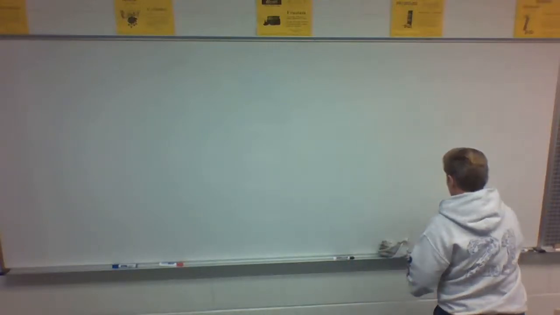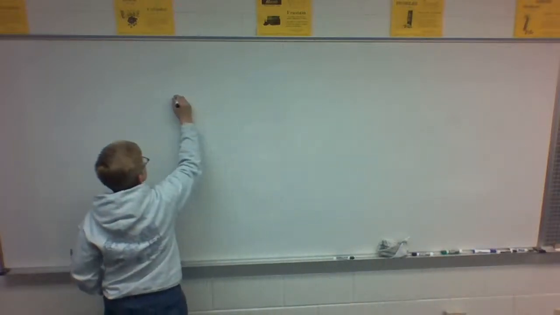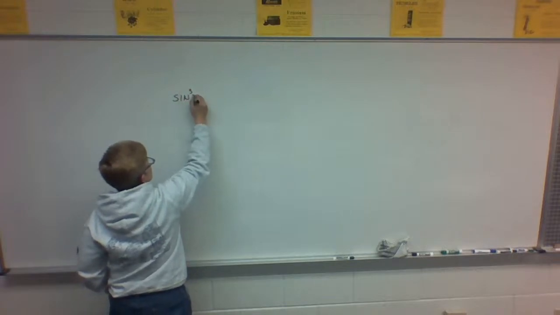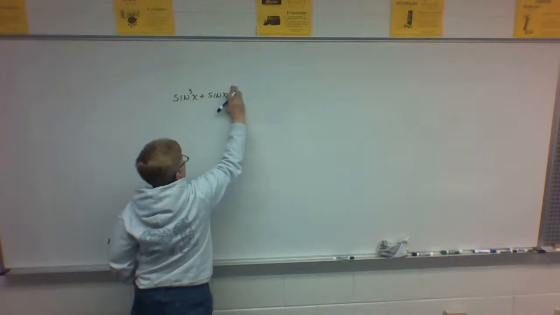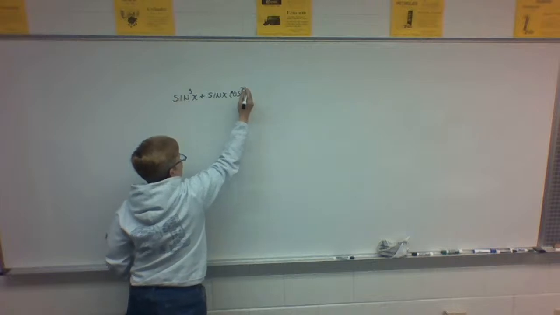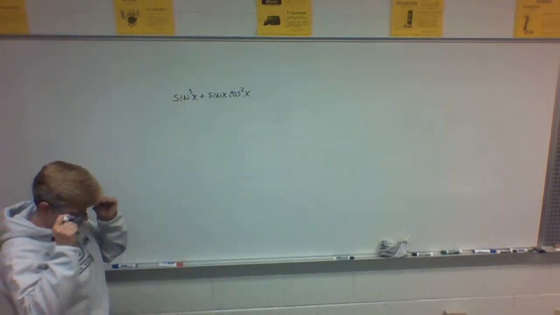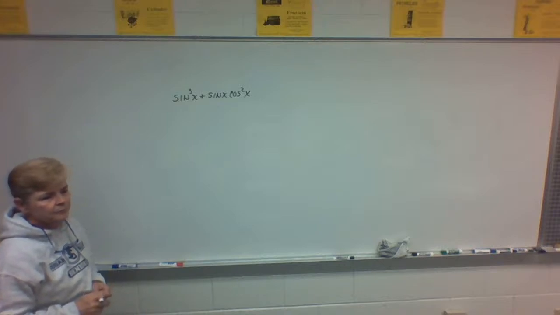Okay, let's try example 3. It says, simplify the expression: sine cubed plus sine cosine squared. Okay, we're to simplify that expression. A lot of times simplifying requires factoring. That's what's required here.